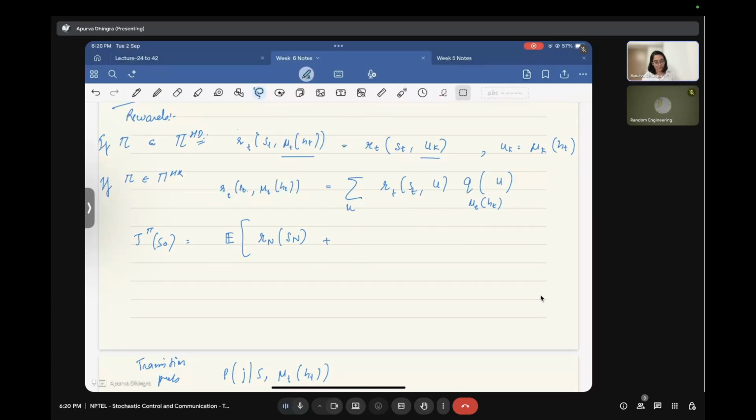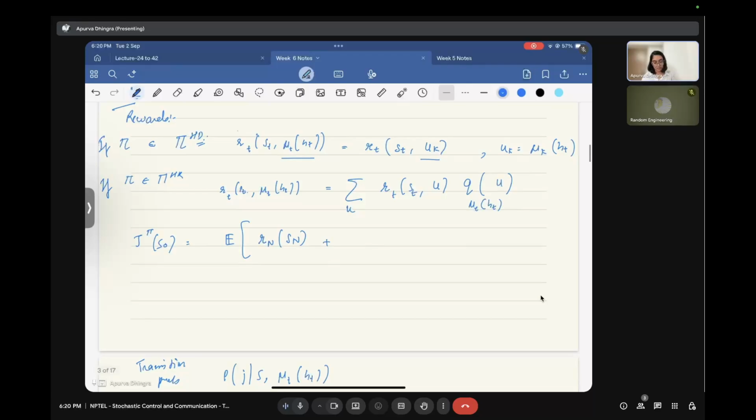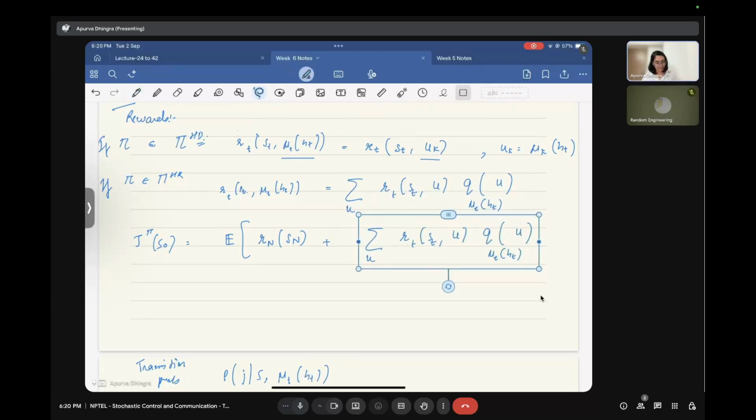So ultimately what I'm saying is this becomes, see, the outer part is summation over t starting from 0 to n minus 1.